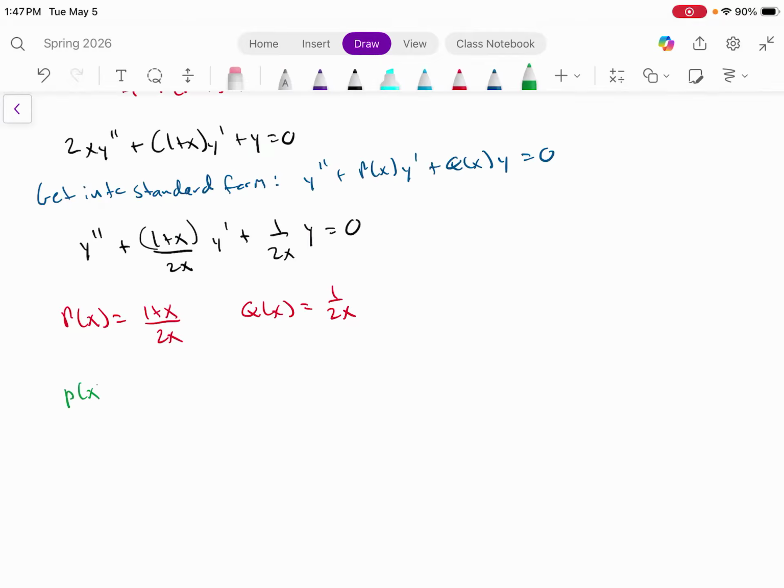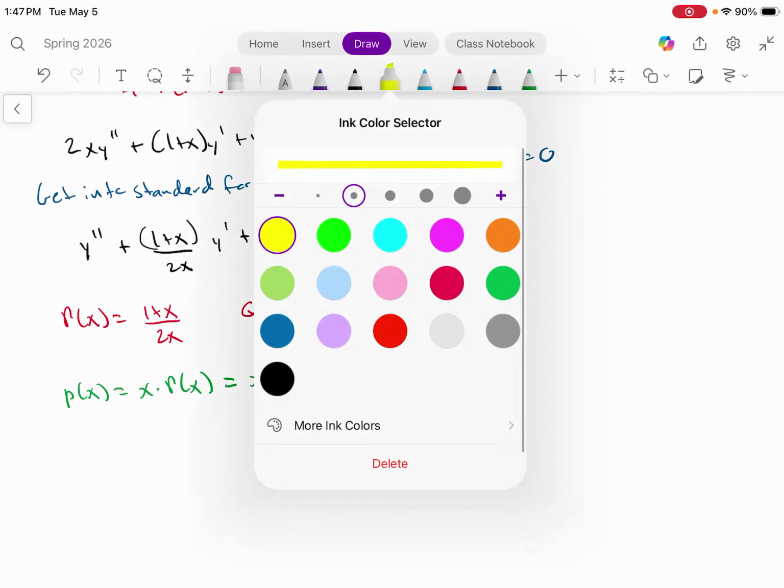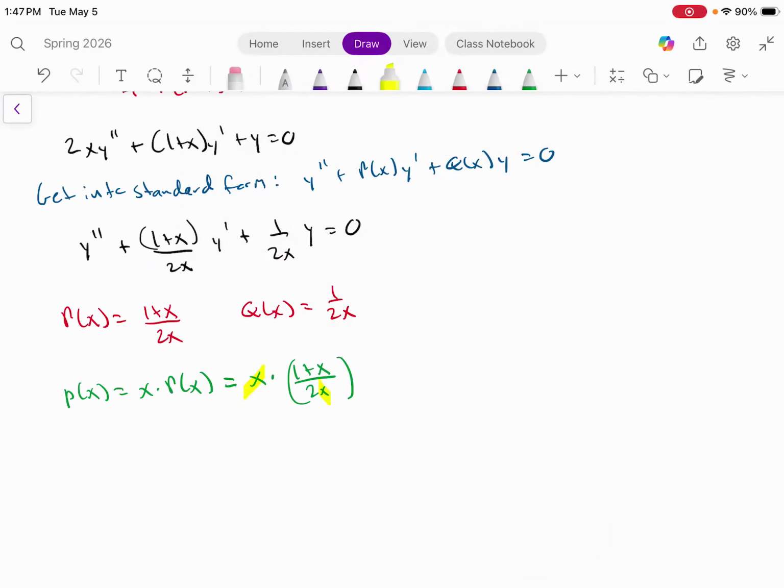So little p of x is just x times capital P of x, which is x times (1 plus x) over 2x. We multiply x times this, the x's cancel out in the numerator and denominator. So what I get is (1 plus x) over 2. Okay, so that's little p of x.